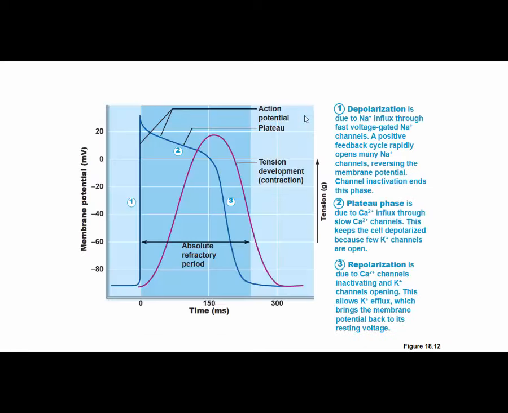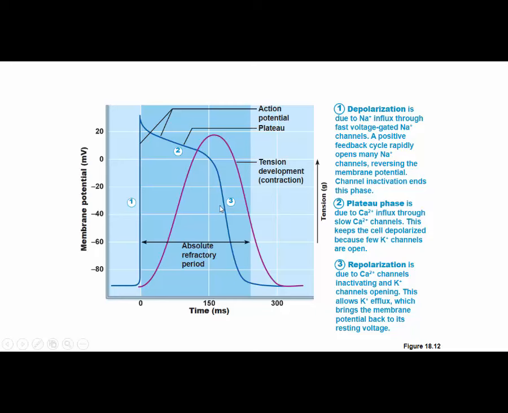So when you go back to this one, 99% of heart muscle cells, what type of sodium channels are at number 1? Fast voltage-gated sodium channels. And you can see how rapid that depolarization is, going straight up over a very short period of time. And then number 2 is voltage-gated calcium coming into the cell.